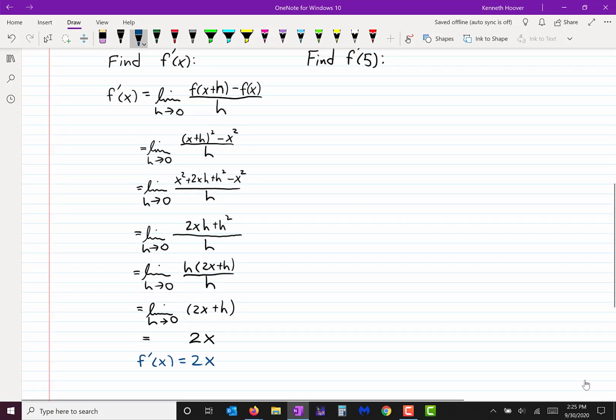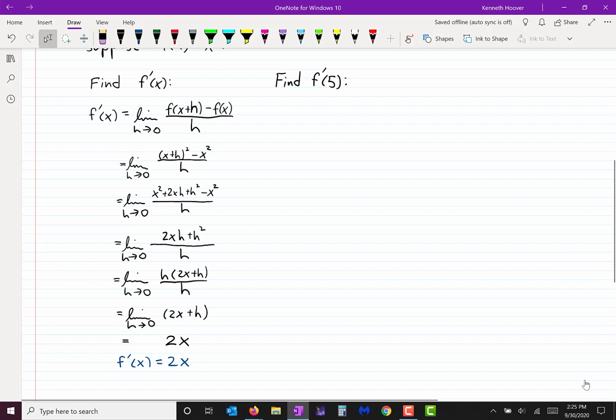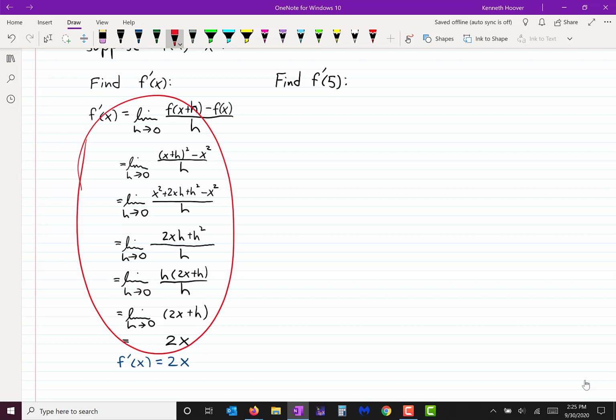Now, if somebody asks me this other question, find f prime of 5, I could do the problem the same exact way, except have a 5 there instead of an x. Or I could do it the same way with x, and then plug in a 5 at the end.